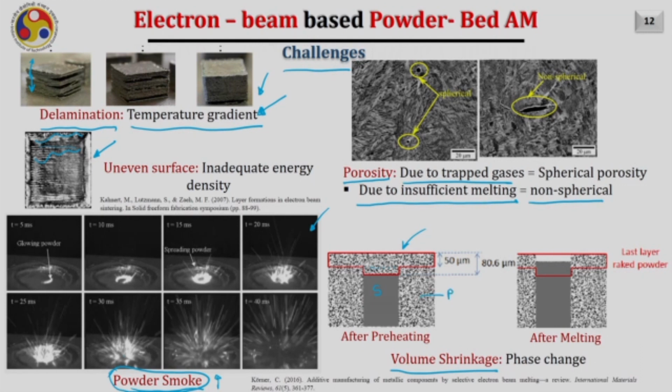This is because the volume shrinks when we melt the powder particles on this top layer. As a result, when the electron beam writes over it, the powder will shrink due to the increase in density in the solidified region, and it will leave some cavity behind.